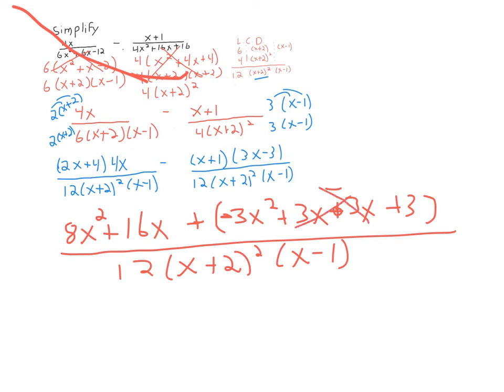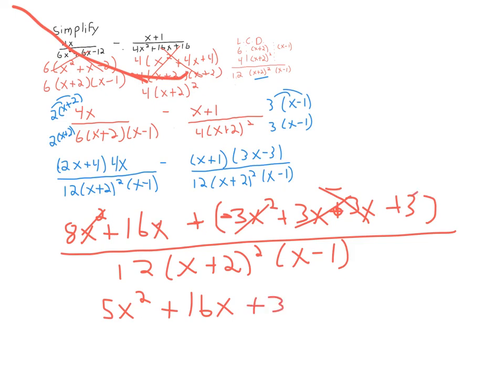And it's just a matter of simplifying. 8x squared minus 3x squared is going to be 5x squared. So I've taken care of this one and this one. Plus 16x. No x's on the right side, and no numbers on this side, so simply the plus 3.